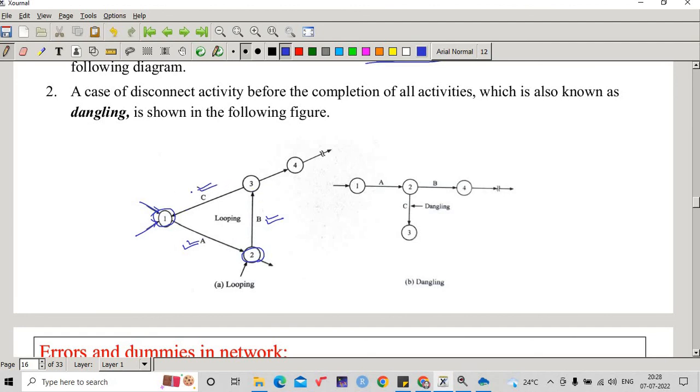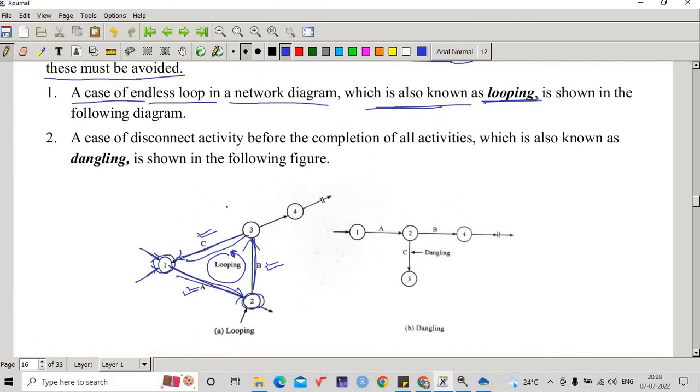But in that case, I am infinitely included in this loop. After A to B, B to C, again to A, again to B, again to C, and so on. So this is your loop, and such looping we have to avoid, because once we have a loop, I don't have any way out to take the project to the further level.